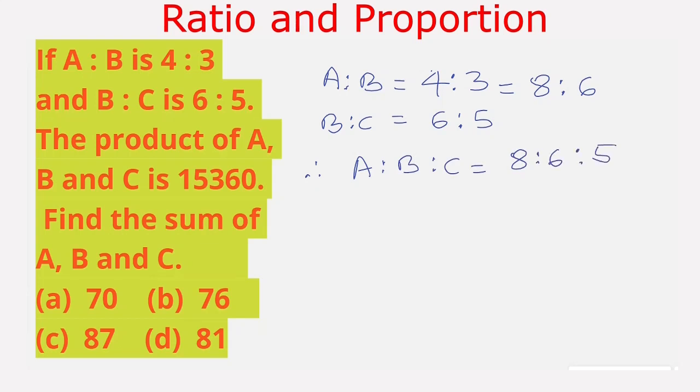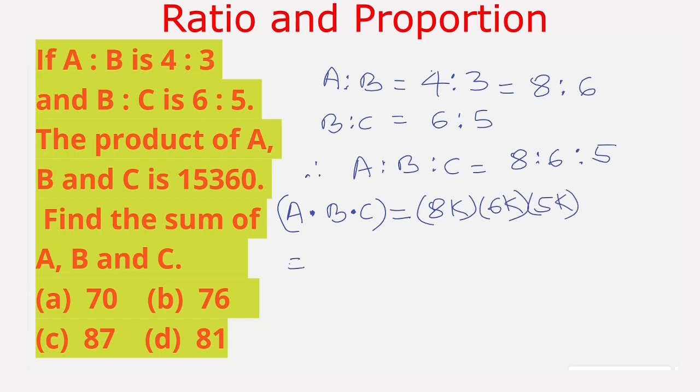Now product of A, B and C. So A into B into C equal to 8K multiplied by 6K multiplied by 5K. This is equal to 6 times 5 is 30 and 30 times 8 is 240.